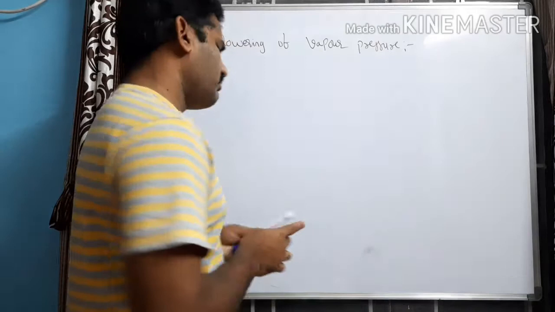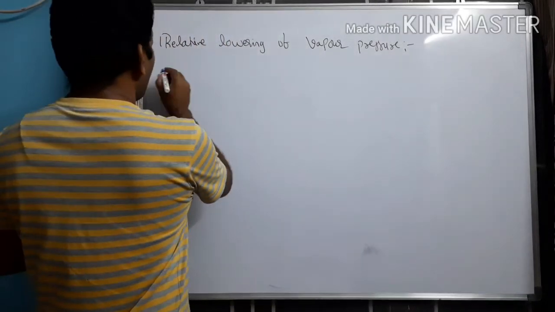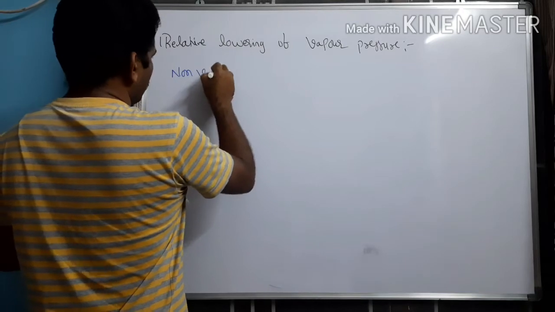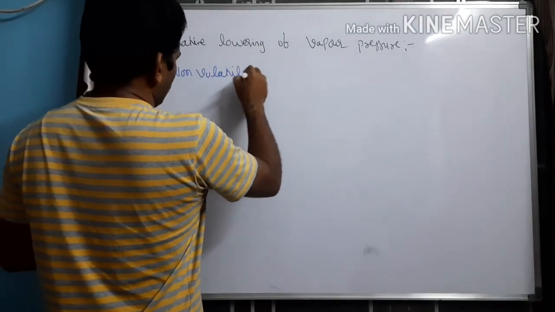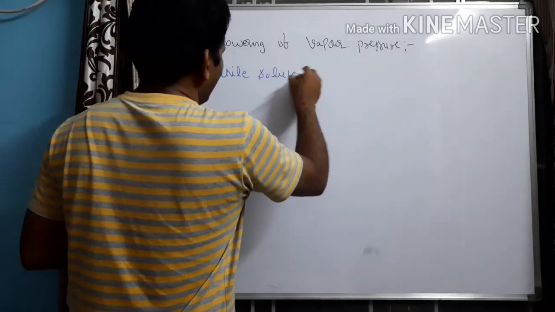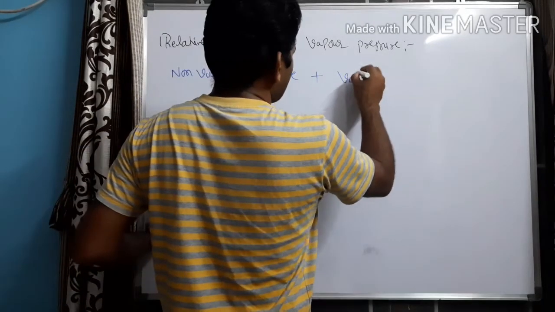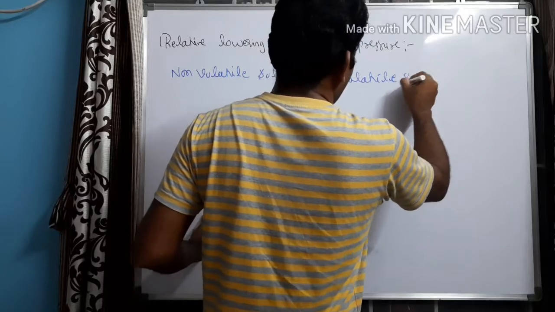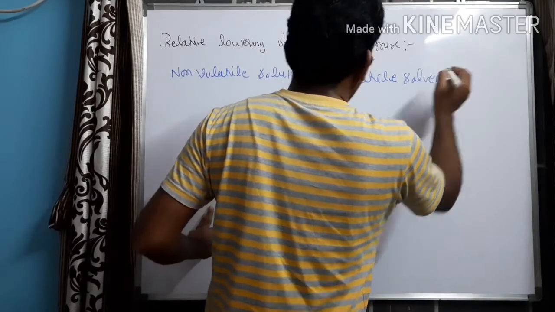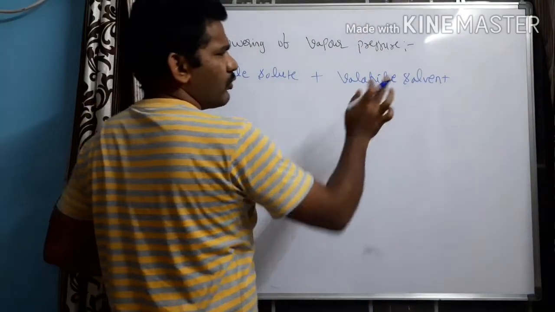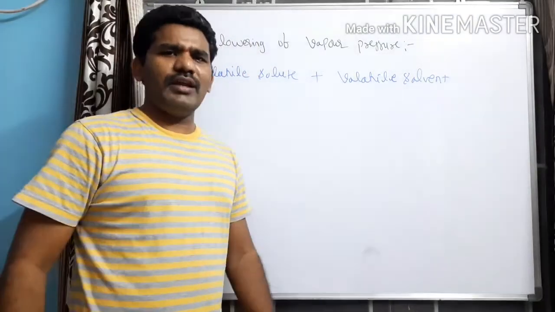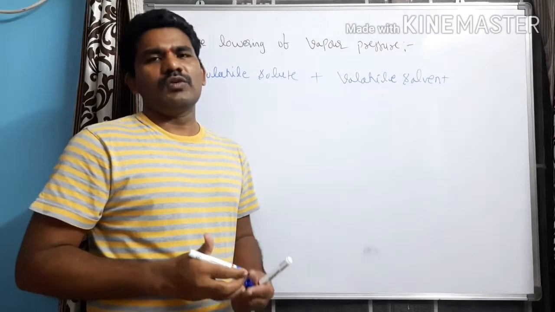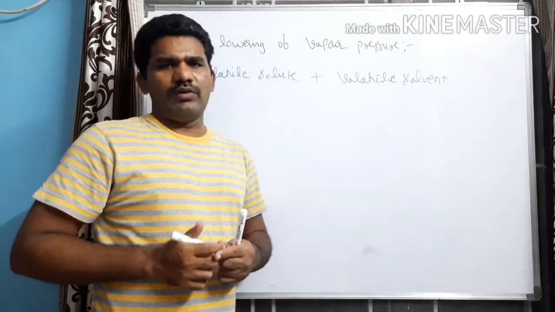Now, I have taken a non-volatile solute and I am adding it to a volatile solvent. When a non-volatile solute is added to a volatile solvent, automatically the number of molecules escaping from the surface decreases, which results in a decrease in vapor pressure.